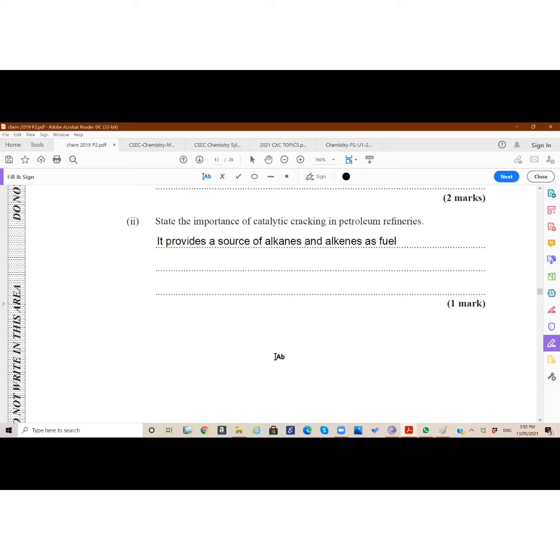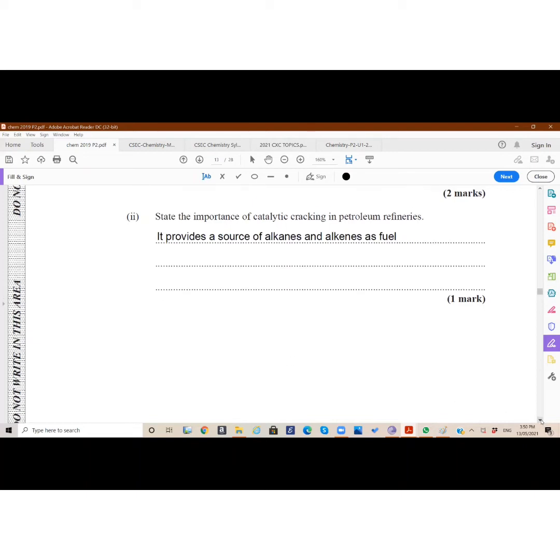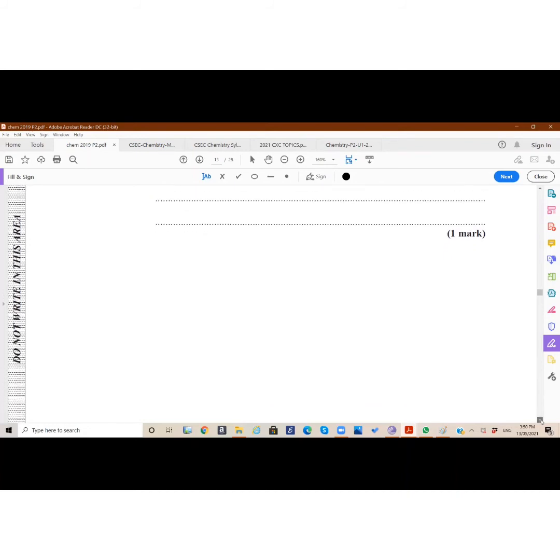But when they crack them, you get smaller chained molecules, like pentane and so on. Even alkenes are produced in this way. So you get both alkanes and alkenes. And in petroleum refineries, they can use that now as fuel to do their processes. Make sense? Yes, miss.